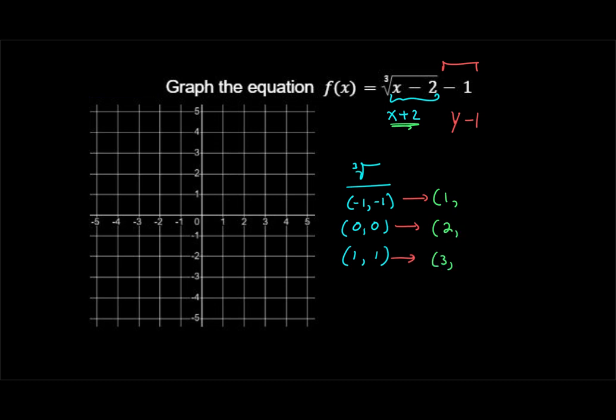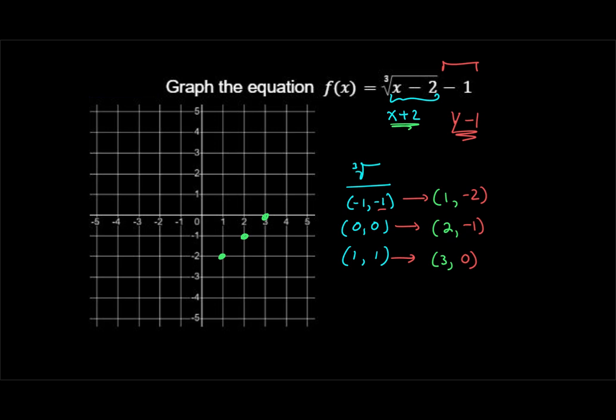And applying my y rule of y minus 1 to each of my y values, -1 minus 1 is -2, 0 minus 1 is -1, and 1 minus 1 is 0. Then if I go and plot those points, we have (1, -2), (2, -1), and (3, 0).